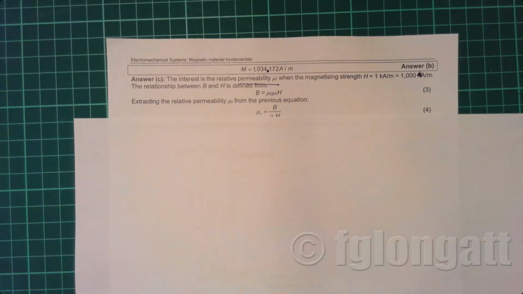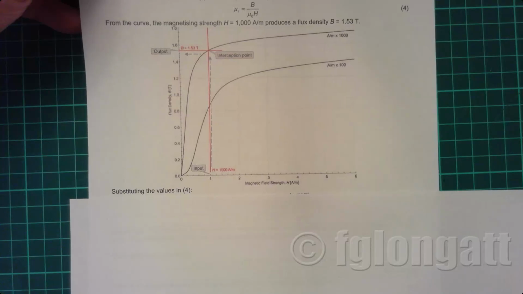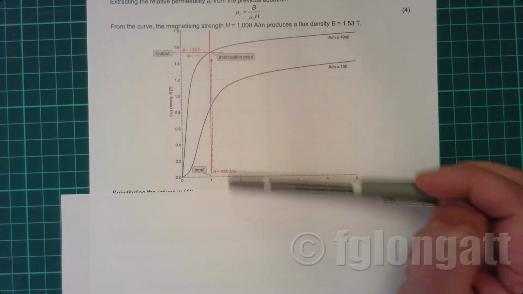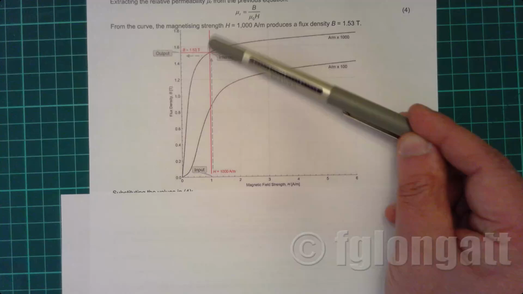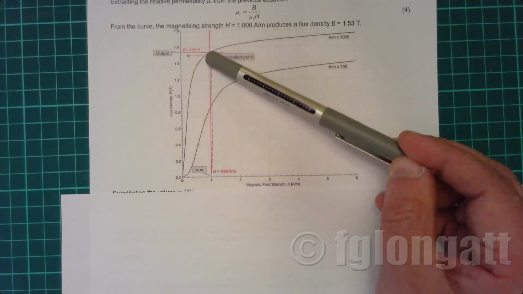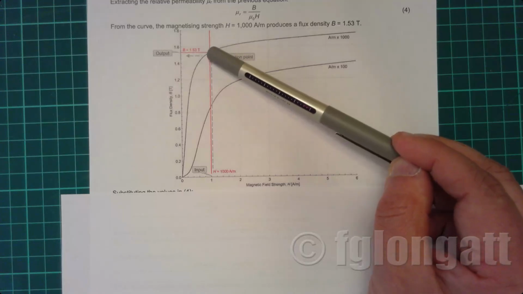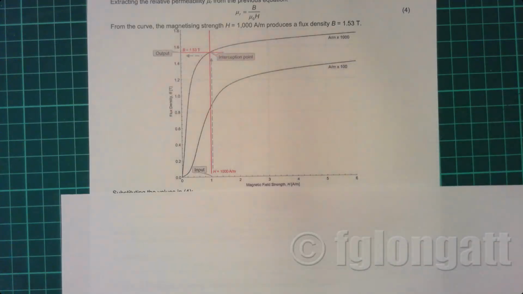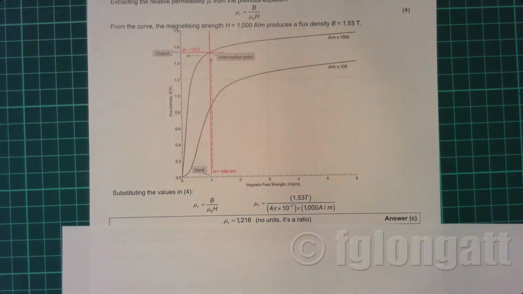Now I need to obtain the magnetic flux density for an intensity of 1000 amps per meter. So we plot again the vertical line, we intercept this plot over here, and we can see that in this case it is 1.53 Teslas.